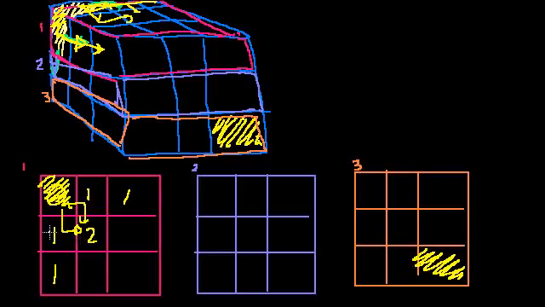But the general logic was, well, to know how many ways to get to any square, think about the squares that lead to it, and how many ways can I get to those 2 squares, and then sum them up, right? And by the same logic, so there's 2 ways to get here, that's that cell. 3 ways to get here, right? 2 plus 1 is 3, 1 plus 2 is 3, and then 3 plus 3 is 6. So there were 6 ways to get to this cube right there from that one.